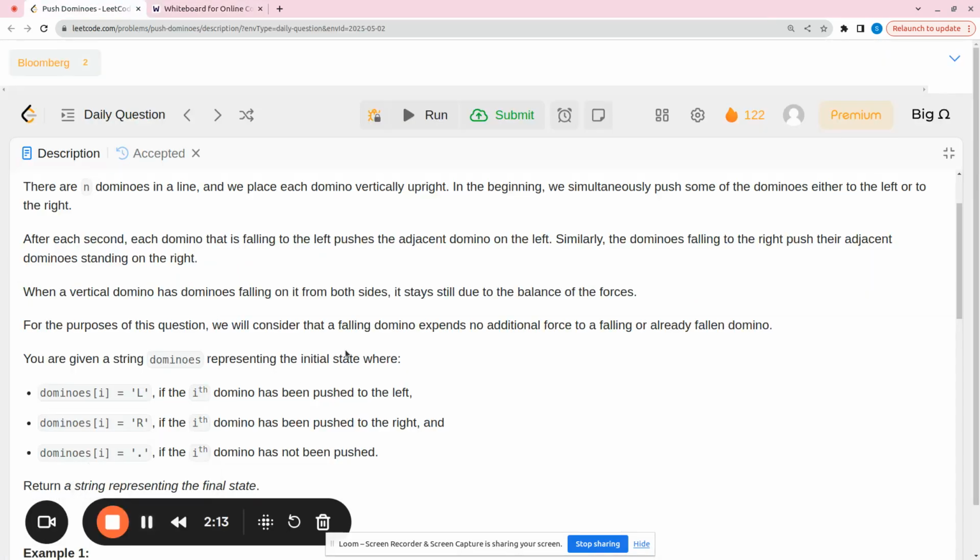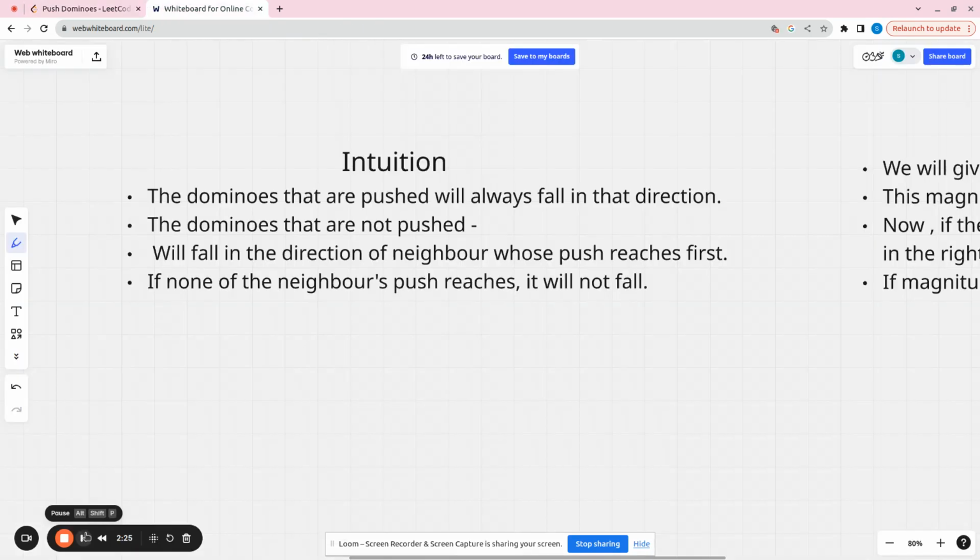Also in the question it is given that a falling domino will not exert any additional force on another falling domino or an already fallen domino. Now we'll see the intuition. It is very simple: the dominoes that are pushed will always fall in the direction in which we have pushed them, and the dominoes that are not pushed can fall or not fall.